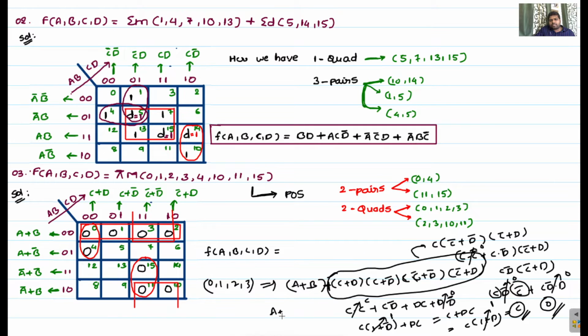So the final expression is A plus B plus 0. If you add 0 to this particular A plus B, that value won't be changed, so you will get A plus B only. Like this the situation happened. If you multiply all these sum terms, you will get 0. In the case of sum of product, we have all the product terms, that means C bar D bar, C bar D, CD and CD bar.